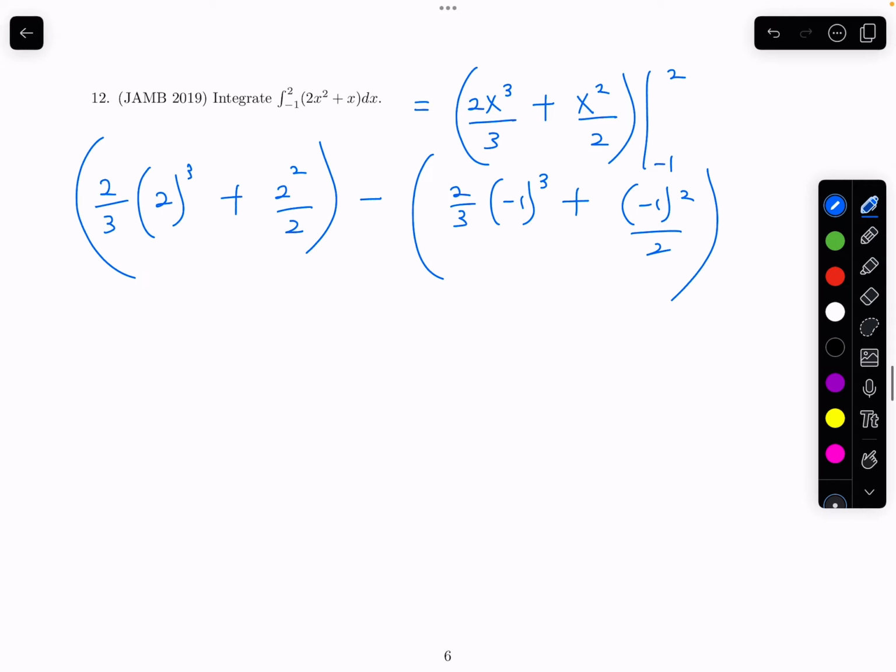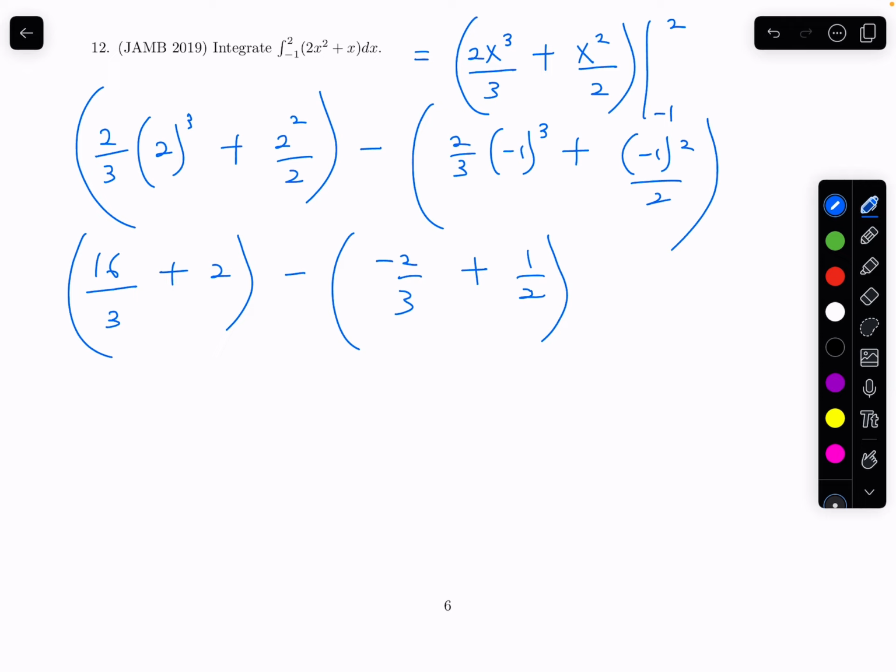So if you simplify this, 2 cubed is 8. 8 times 2 is 16 divided by 3, plus 4 divided by 2 is 2. And I have minus, -1 cubed is -1, so I have -2 over 3, then plus 1 over 2.